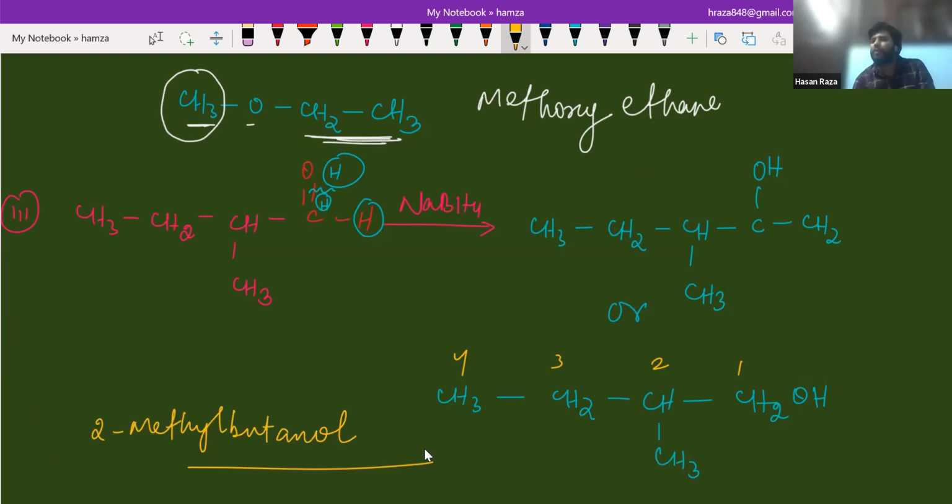But only represents the number of carbons. The "an" in "ane" represents the nature of the bond. So please write it.